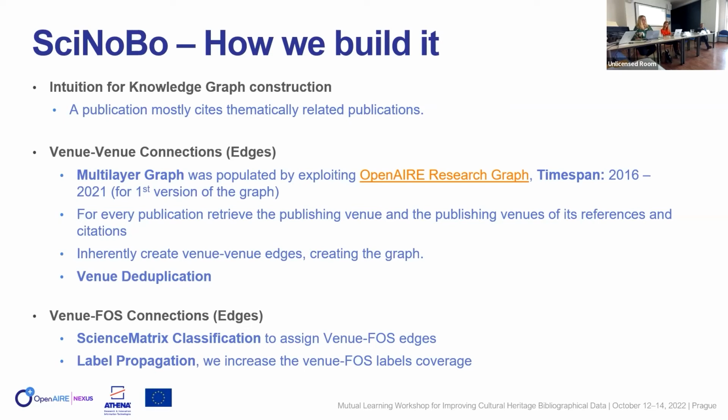The journal has ethnology as a discipline, but the publication within this journal has history. Do you use this history? It might be a keyword. You use it. And then you use both the whole journal classification and also the publication classification.